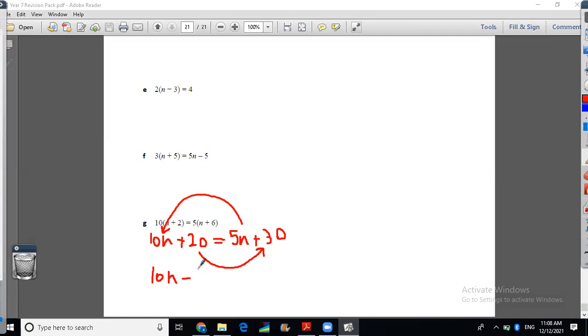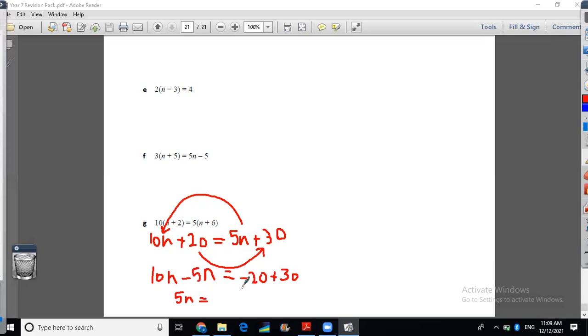So it's going to be minus 5n because I moved it, equals positive 20 goes there, negative 20, plus 30. Great. 10n minus 5n is just 5n, equals minus 20 plus 30.